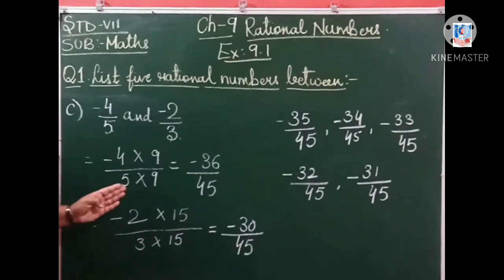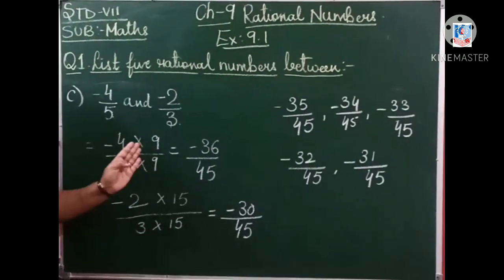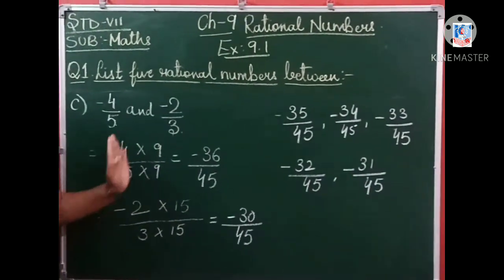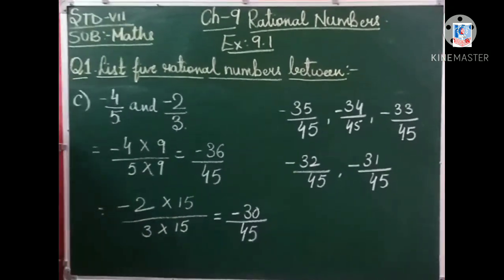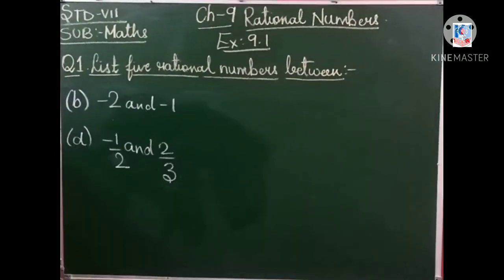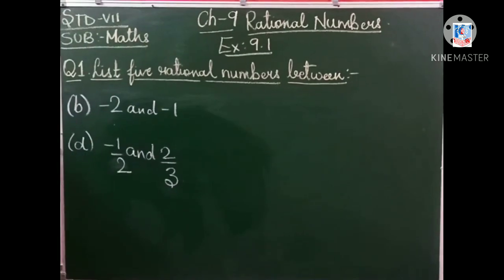Now you can make the denominator 60 also by multiplying by 12. That is your choice. Okay. This is your homework.